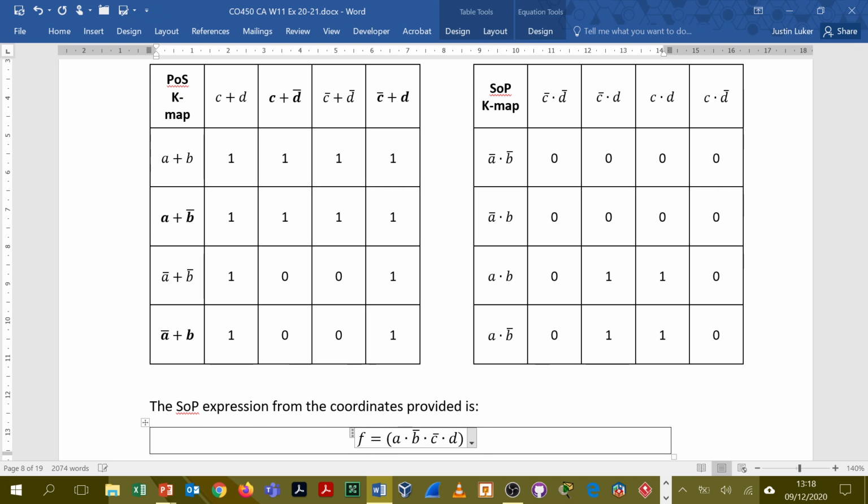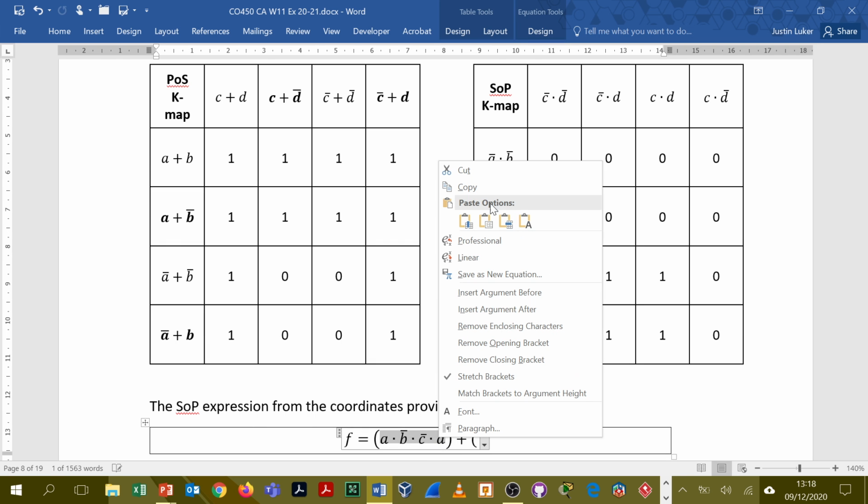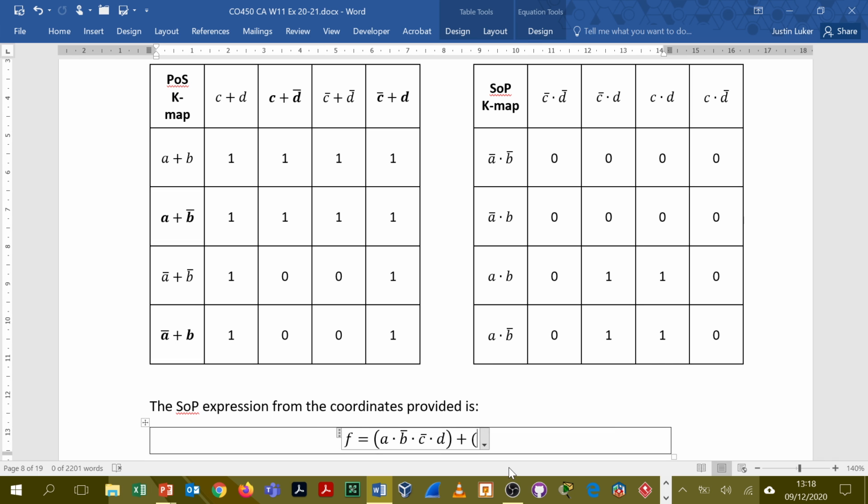And then we're coming together with or, of course, and then open brackets, and the next one. Let me do that one again, I'm just trying to shortcut it a little bit. So A, not B, C and D, or.